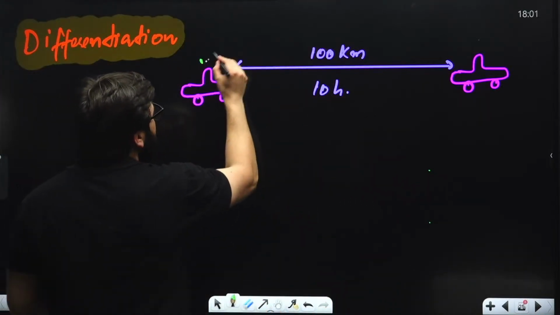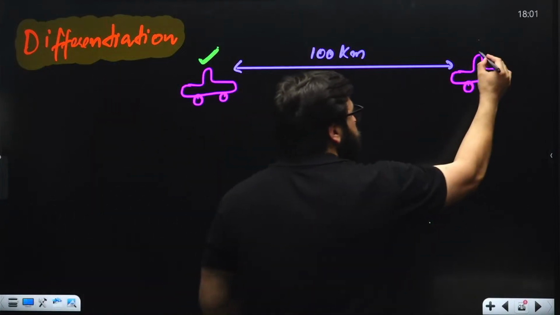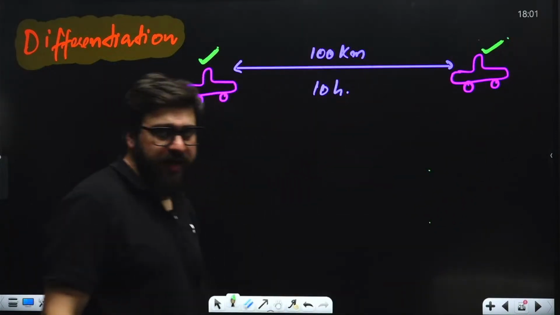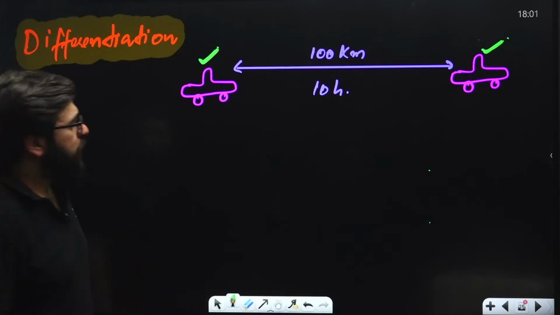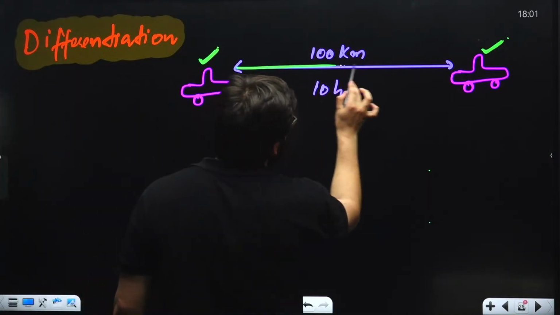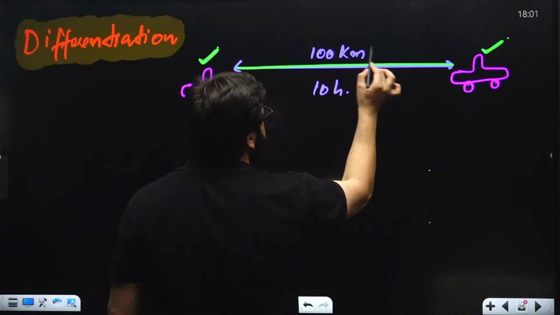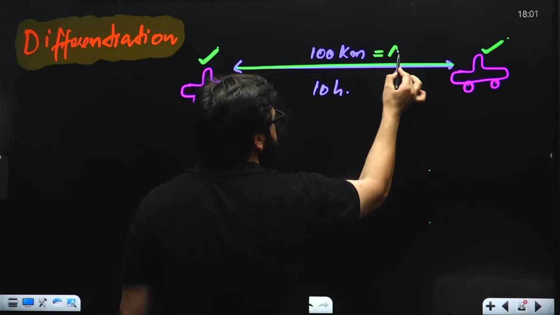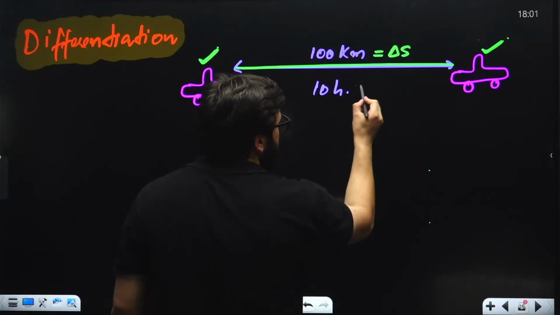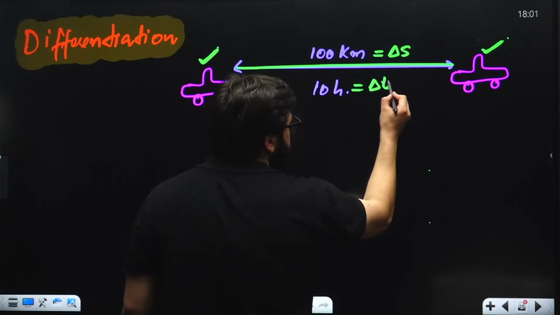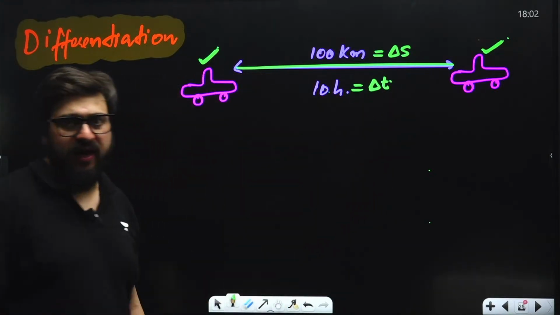Let's suppose this car started from this point to this point, and it has covered, let's suppose, 100 kilometers of total displacement. This is delta S. And it took a total time delta T equal to 10 hours.